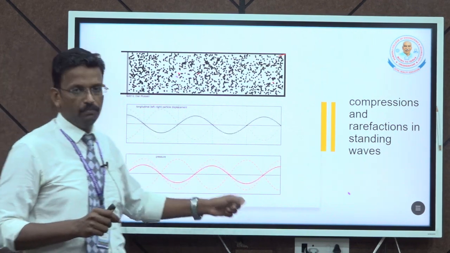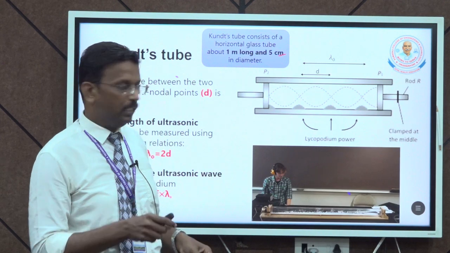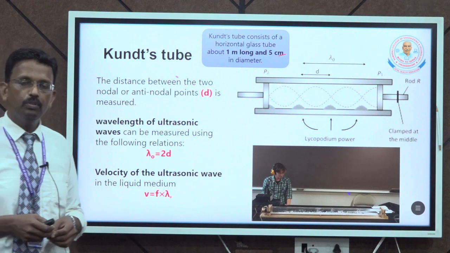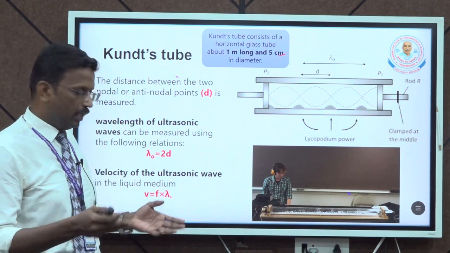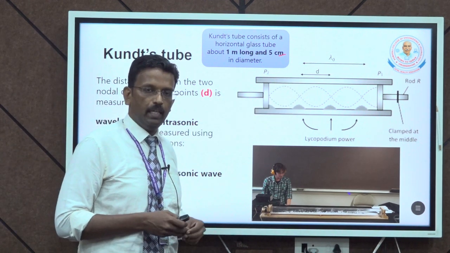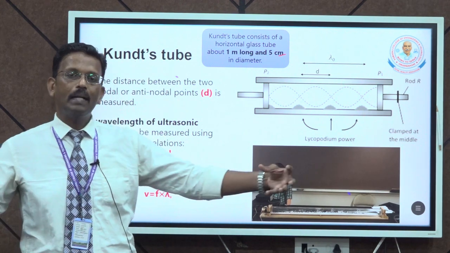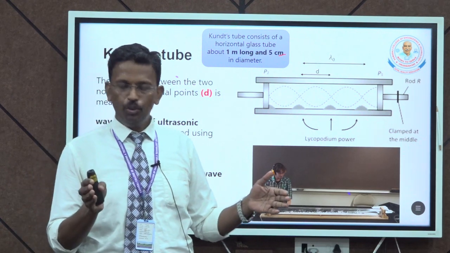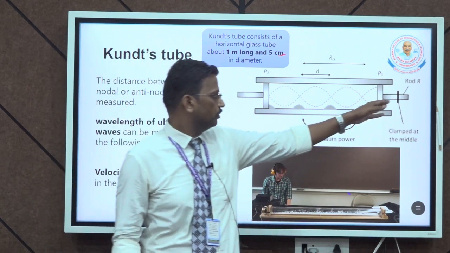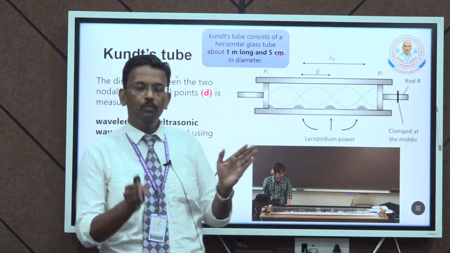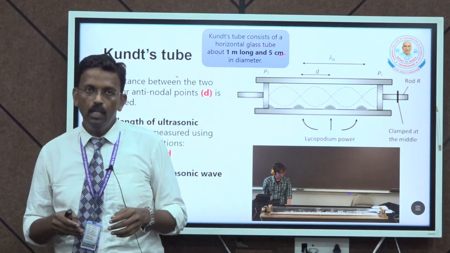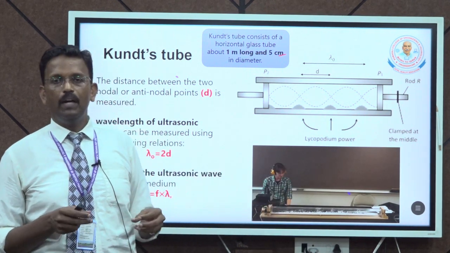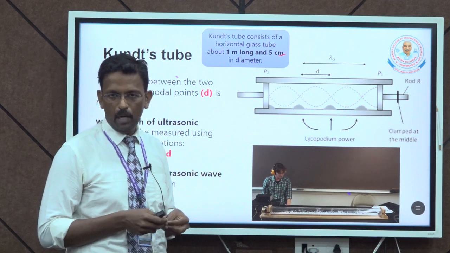With this basic information, now we enter into our first type of detection method, called the Kundt's tube method. The Kundt's tube is constructed with the help of a 1 meter long quartz tube, and one end of the tube is fitted with a movable piston. The other end is fitted with a stable piston, and inside the 1 meter tube we fill some amount of lycopodium powder.